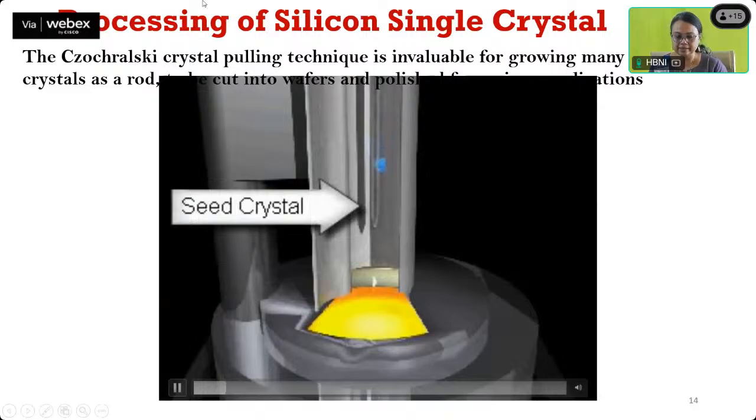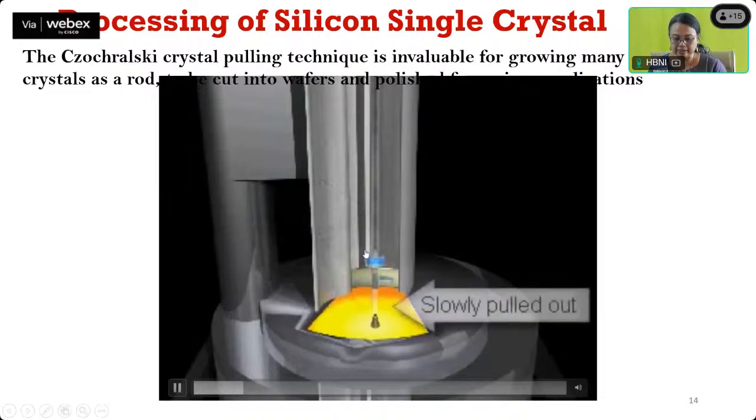So this seed crystal is coming, it is touching the melt. You can see here, this animation. The seed crystal is rotating in this direction and the melt is rotating in the opposite direction. And the seed is being pulled out, and this is the crystal which is growing.